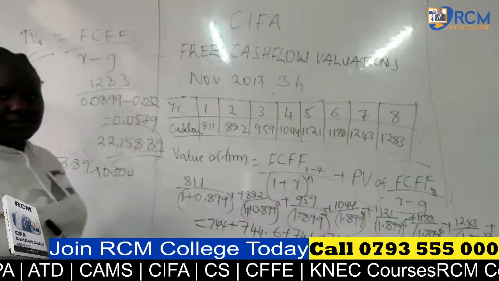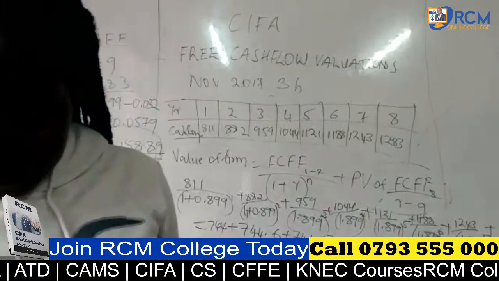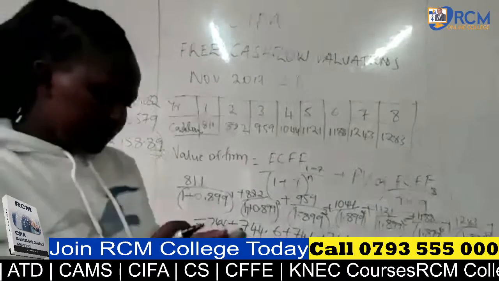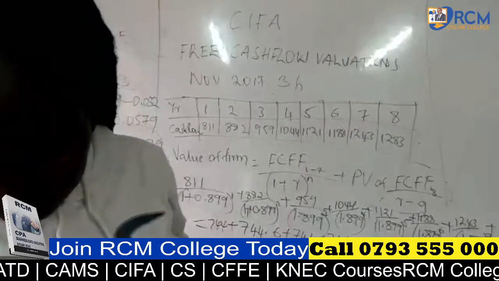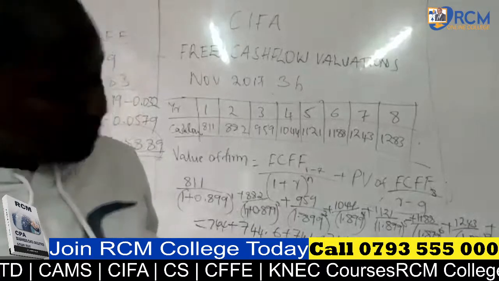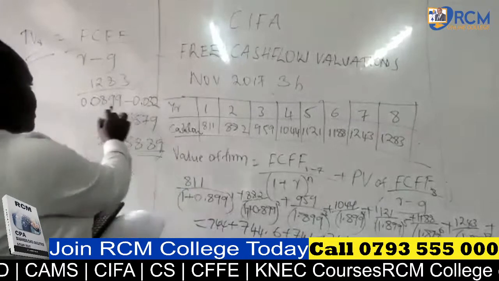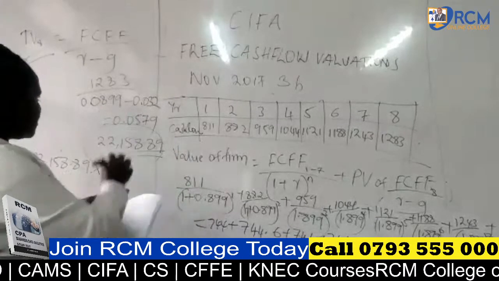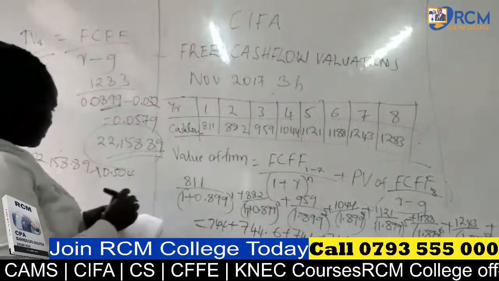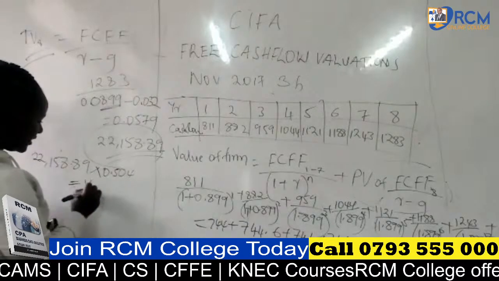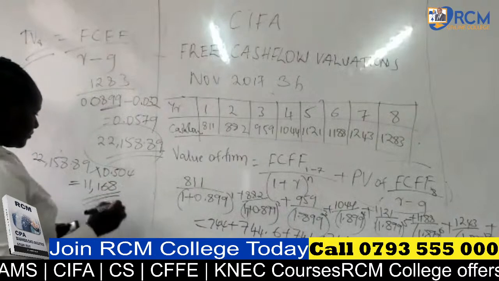How much are you getting? That was 22,158.89 and 0.504. Remember, we are discounting using 8.89 percent.